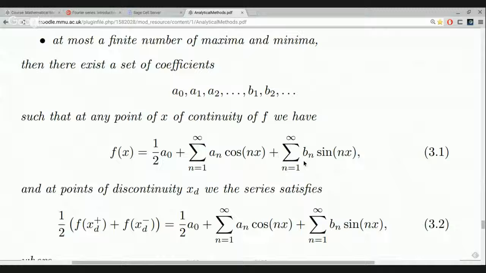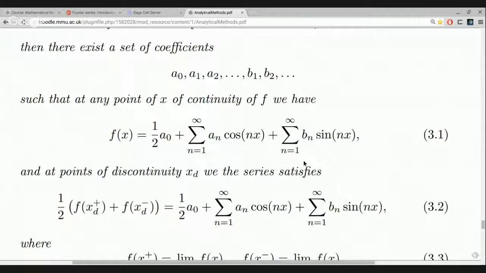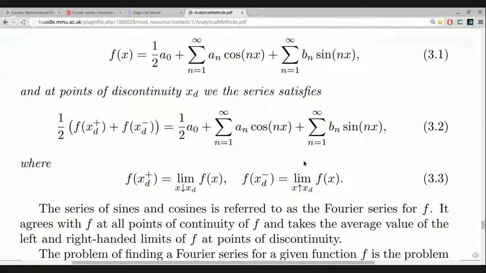Now, f might have points of discontinuity. So at points of discontinuity, the value of the infinite linear combination won't be the value that the function takes at the point of discontinuity. But it will do the next best thing. The value of the infinite linear combination will be the average behavior of the function either side of the point of discontinuity.